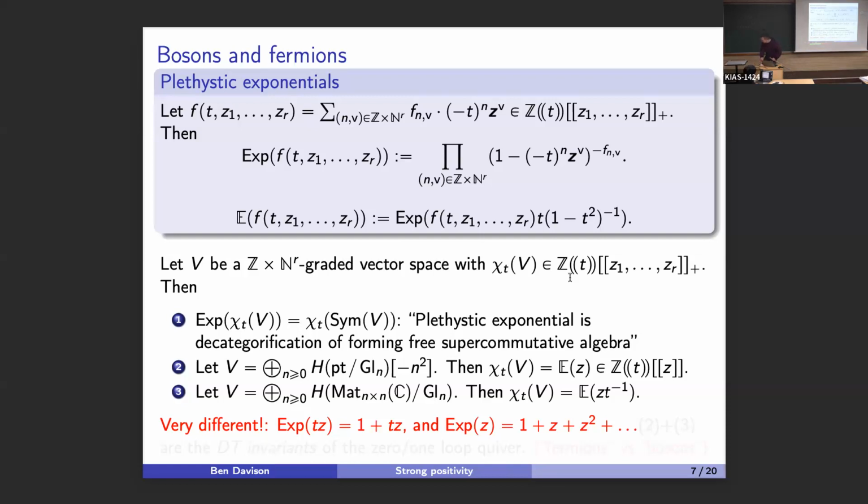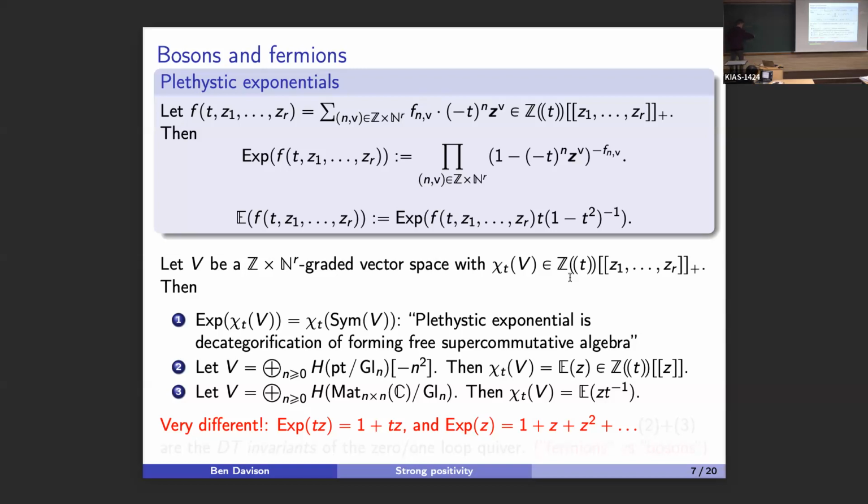So H of point mod GLn is isomorphic as a ring to Q[p1, up to pn], where pi has cohomological degree 2i. Because all of these generators have strictly positive cohomological degree, how to define dimension in the cells here?